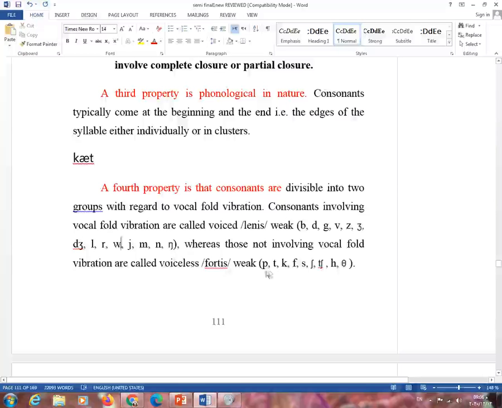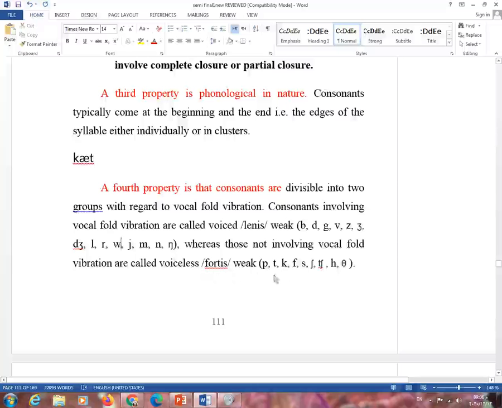Here we also have a number of voiceless consonants, consonants made without voicing, without vocal fold vibration, and we have other terms such as fortes.